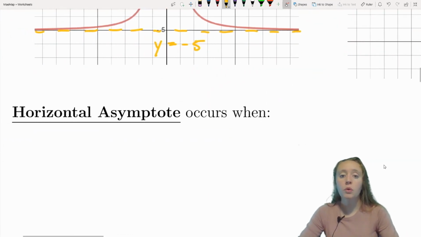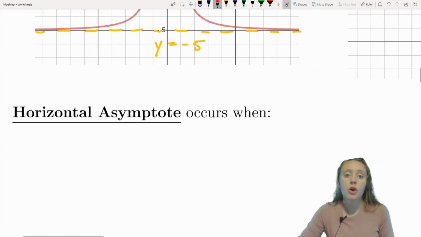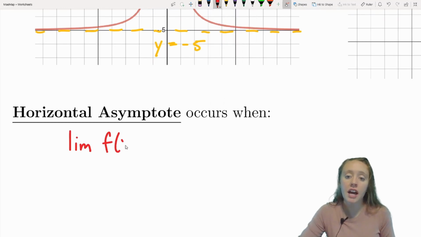So again, a horizontal asymptote occurs when the limit of our function f of x as x approaches either a positive or negative infinity is equal to some finite value L.